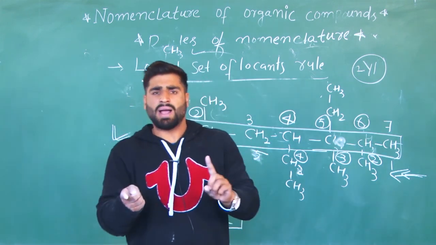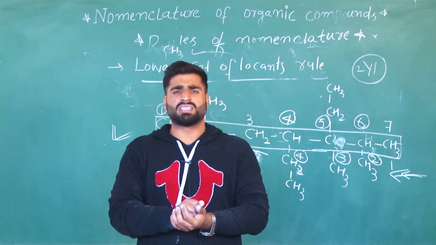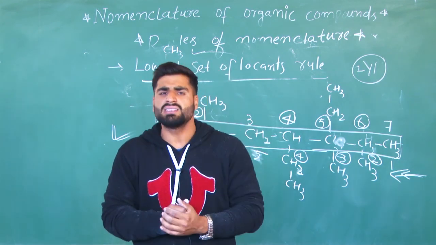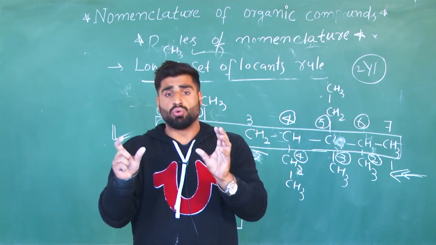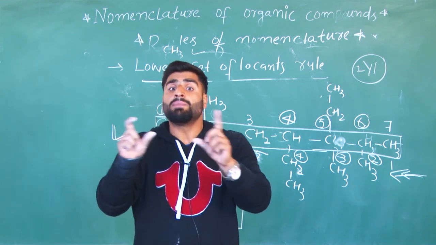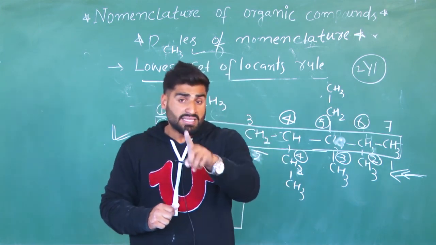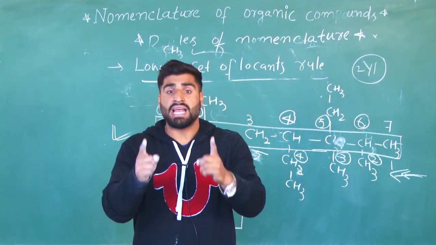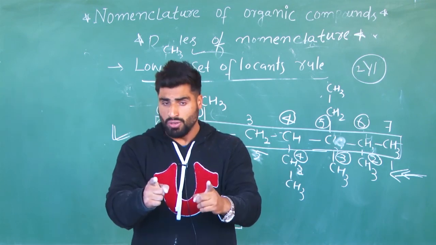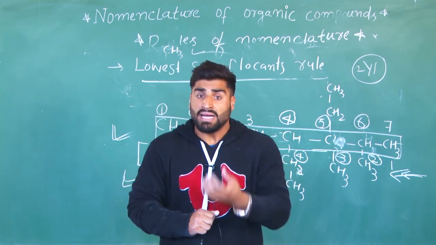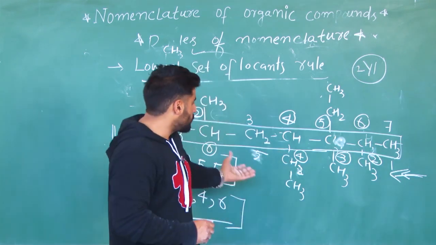The result given by the set rule is also given by the sum rule. But in certain cases, the sum rule and set rule run in anti-parallel directions. And at that time, we use the set rule. That's why the set rule is the universal rule, and we will be using this set rule in this nomenclature.